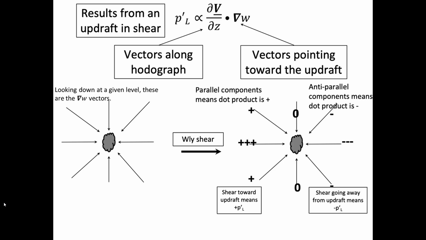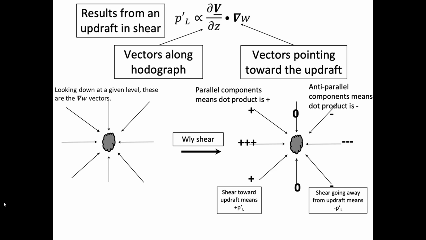And the entire thing is opposite in sign, down shear. Everywhere down shear, our updraft gradient vector has an anti-parallel component to our westerly shear vector, maximizing in magnitude where the two are completely anti-parallel along the x-axis over here.